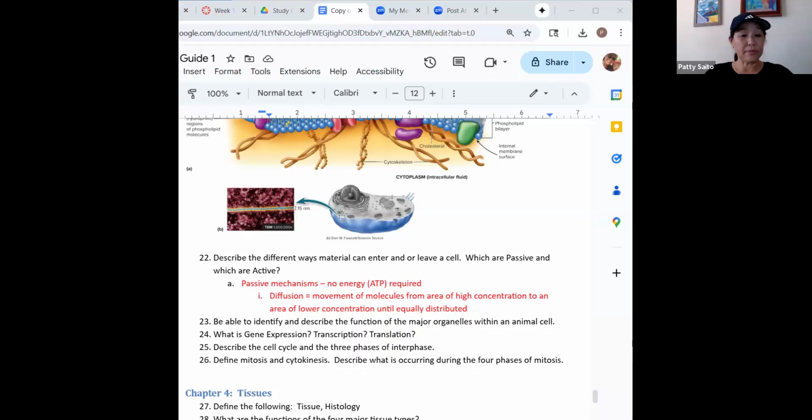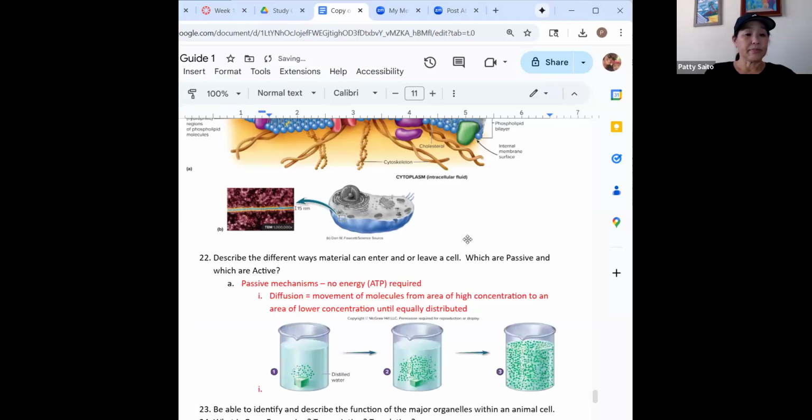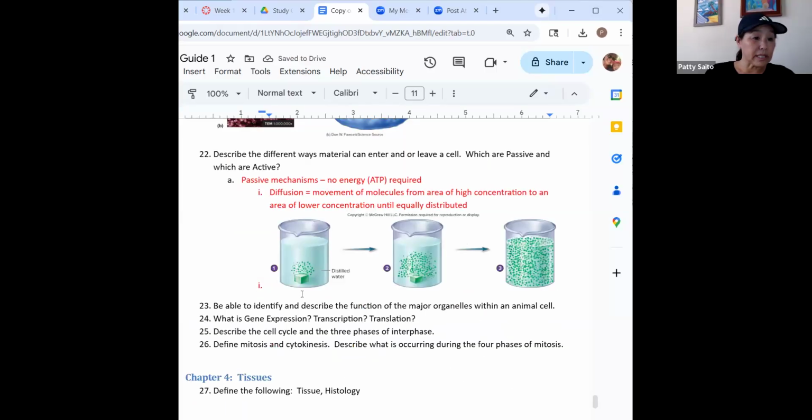Here's a picture of an example. I gave the example of perfume, but if we look at a block of, is that a sugar cube or something? You put a sugar cube inside a water glass, a beaker of water, and it begins diffusing. It will move from where there's more to where there's less. There are forces pushing it that way.